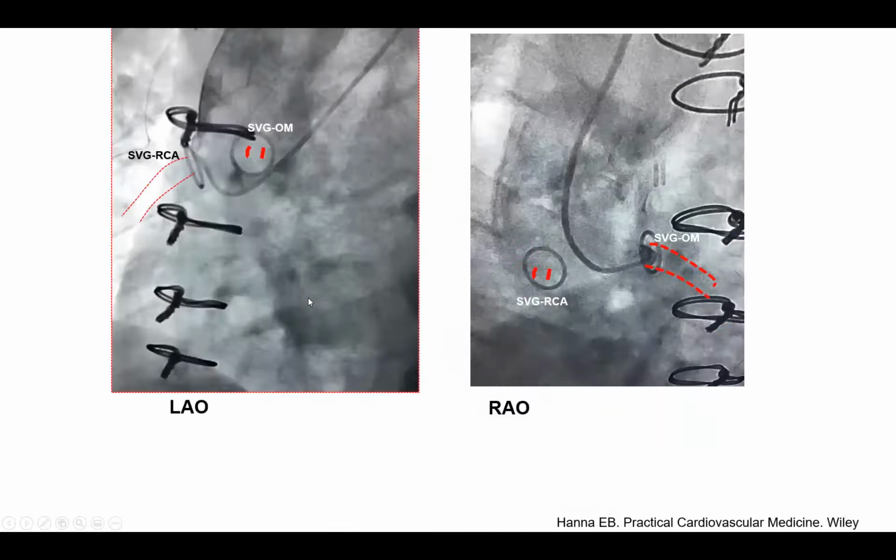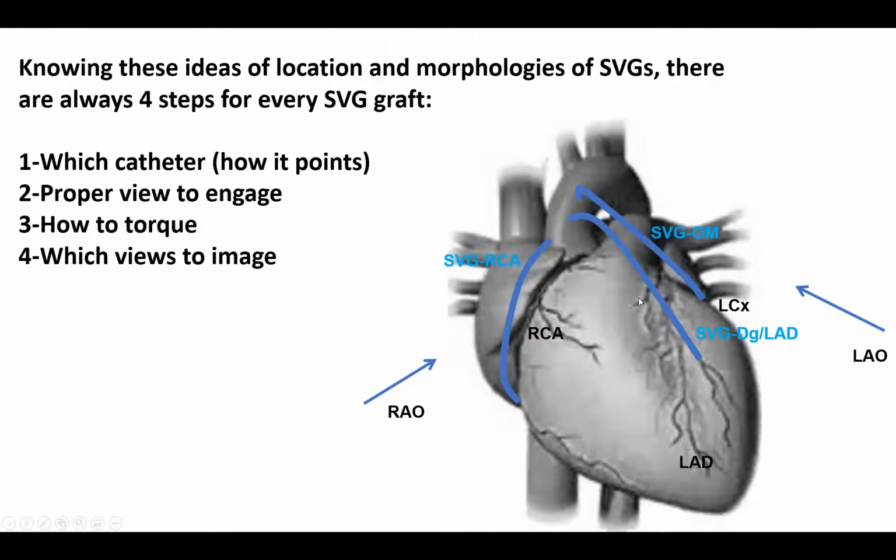And you can see through this the ascending aorta and aortic arch. LAO opens the aortic arch and the supraaortic vessels well. It lays them out well, so you can engage them. RAO, on the other hand, superimposes the ascending and descending aorta and superimposes all three vessels. So you don't know how to point your catheter, and you don't know when you are in the aortic arch in RAO view.